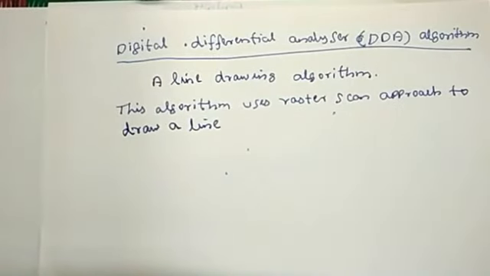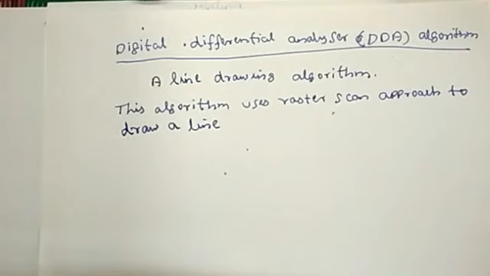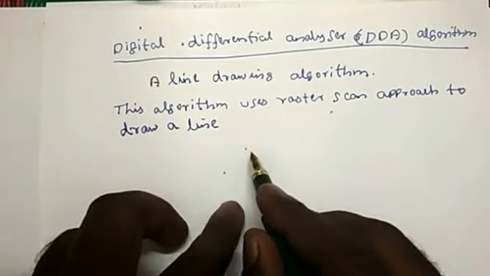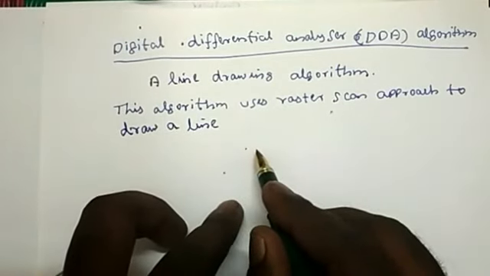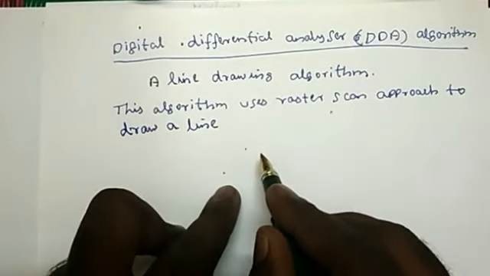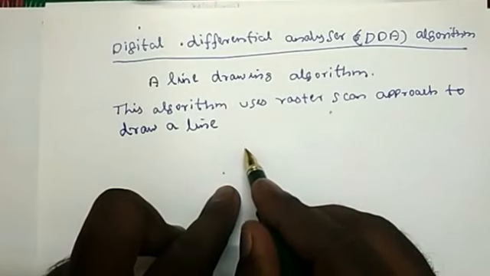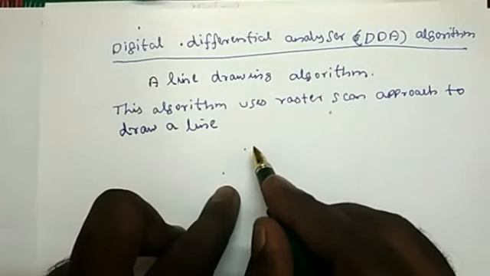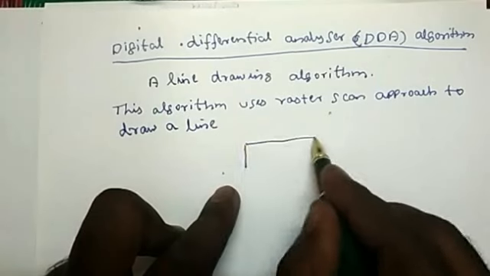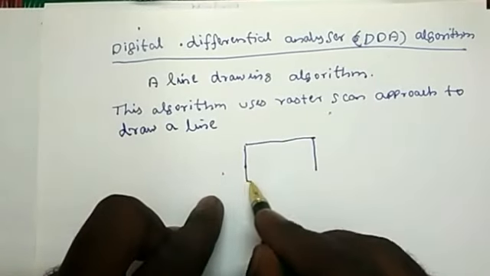To draw a particular image on a computer screen or a CRT, an electronic beam is used. Say, for example, I want to draw a particular object. This is a CRT screen here.